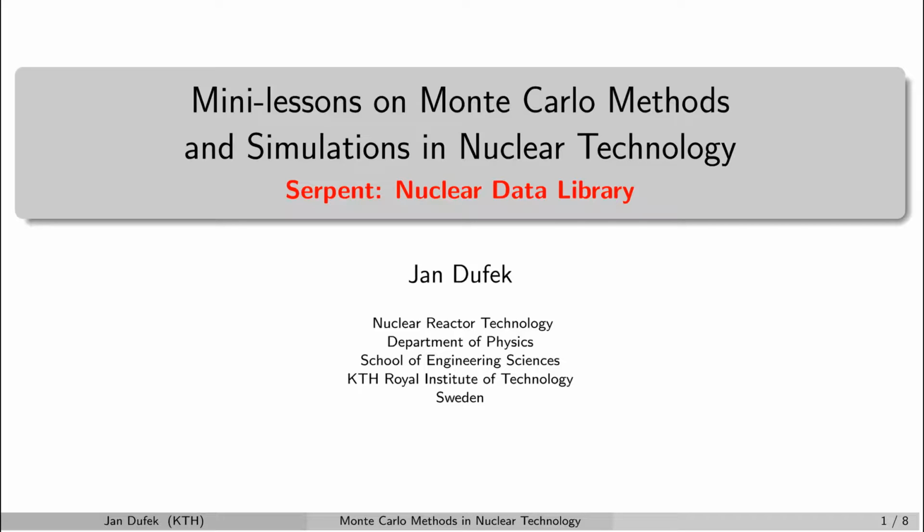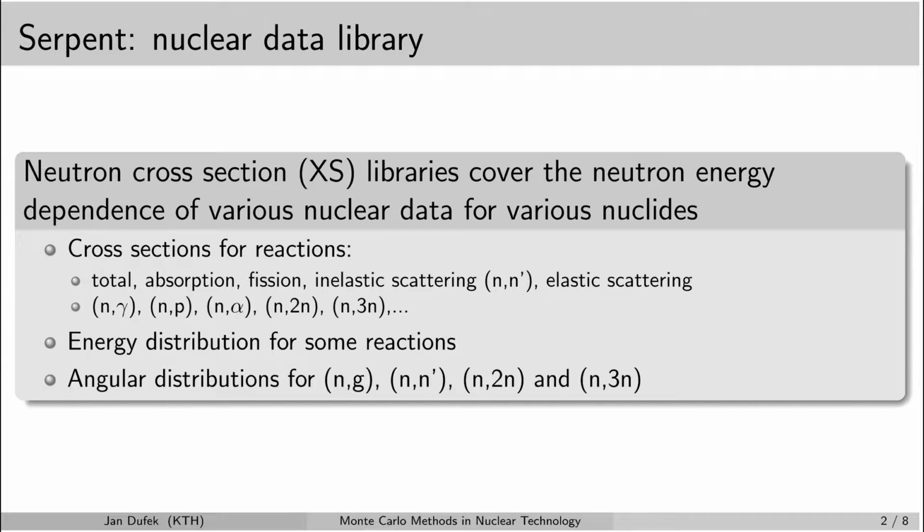Welcome back. In this short lesson we will learn a little bit about the nuclear data library for Serpent. The nuclear data library, which is also called neutron cross-section library, covers the neutron energy dependence of different data for basically all the existing nuclides.